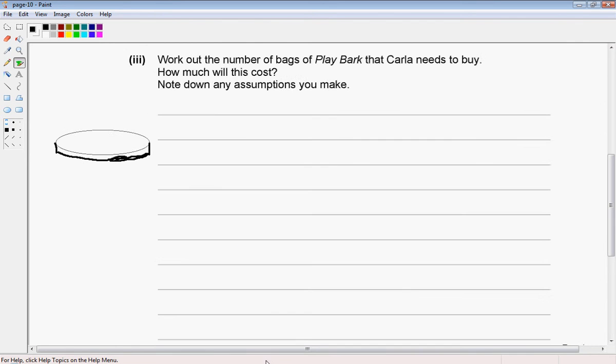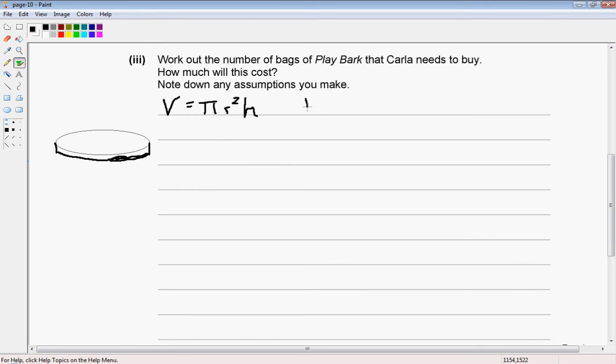So if we go back to our question, we write down V equals pi r squared h. Okay, so this will tell us how much bark we need in this.